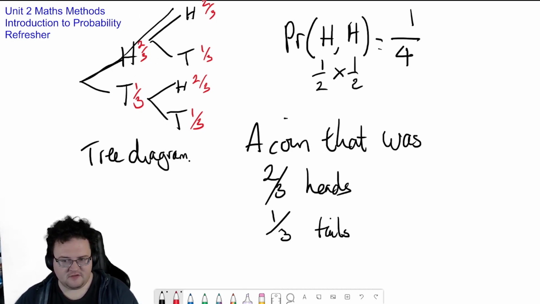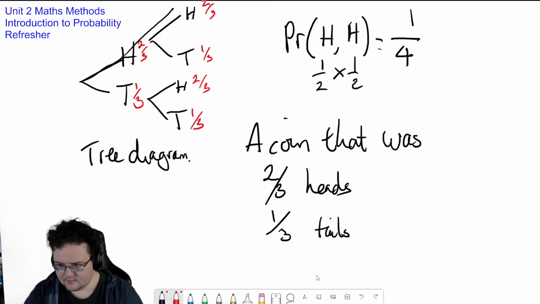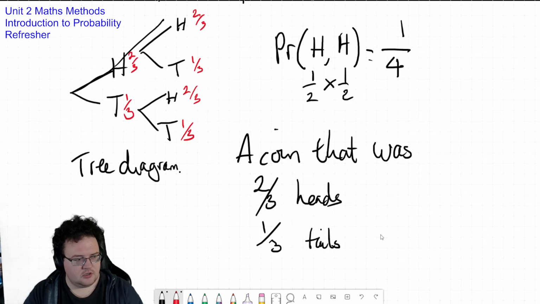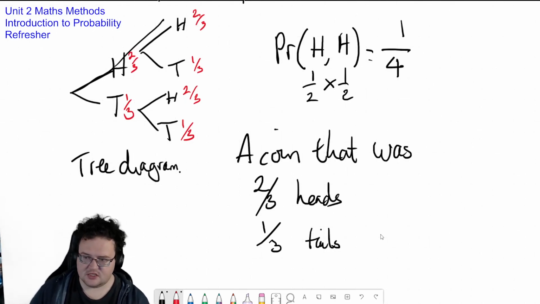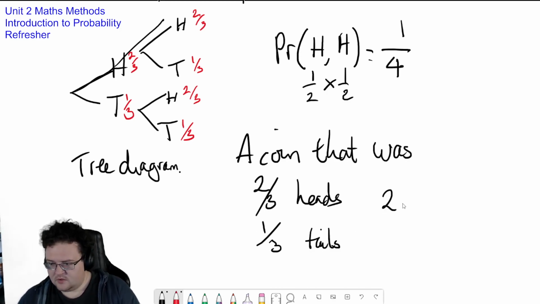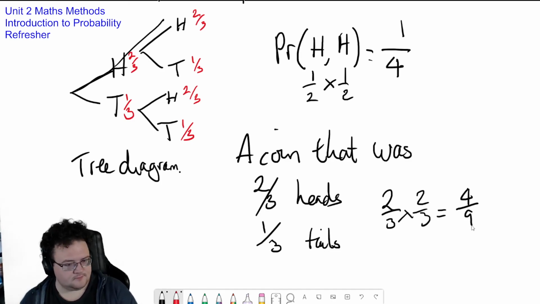You take the probability of the first event happening, and then you multiply it by the probability of the second event happening. So in this case here, 2/3 times 2/3, which is 4/9.